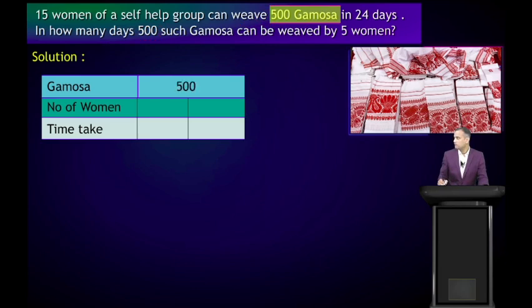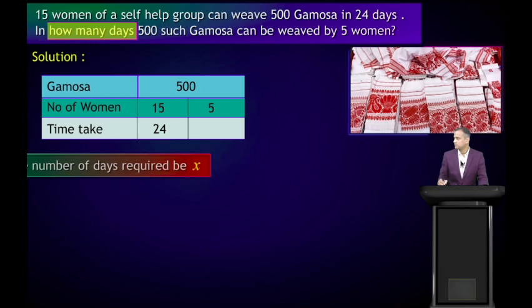Now the number of women, so there are 15 women, then time taken is 24 days. Now it is given 5 women, the women are less. What is the time taken? So we can take it as x. Let the number of days required be x.